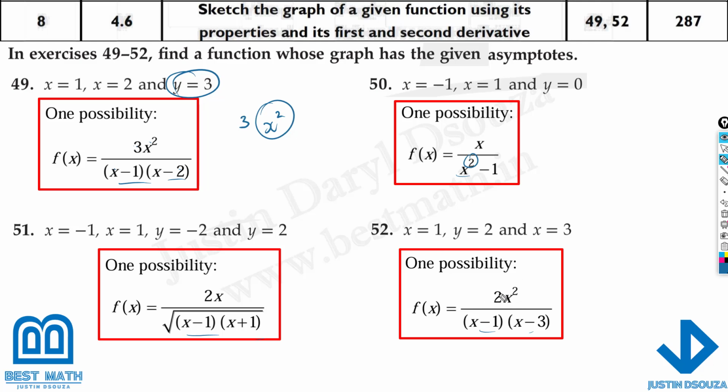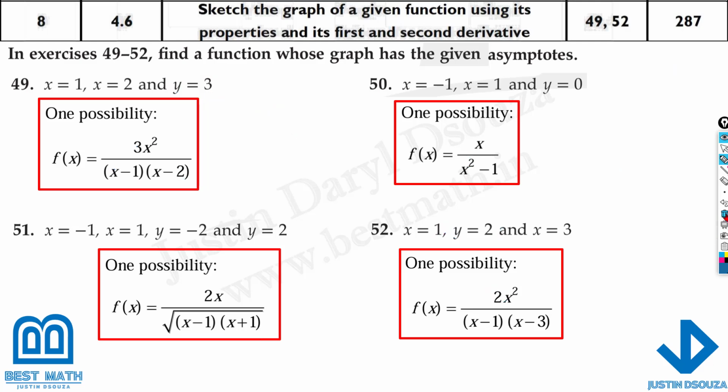Even over here you can see this is x power 2. So what is y? y must be 2. Imagine you had something like minus 5x squared by x squared minus 1. Now what is the coefficient over here? Because it's x squared down, x squared up, y is equal to minus 5. That's the y asymptote.